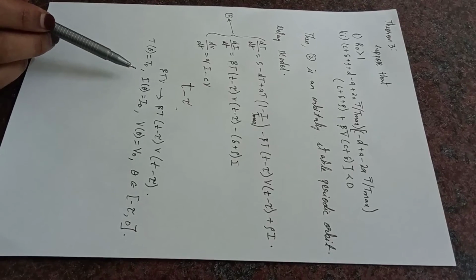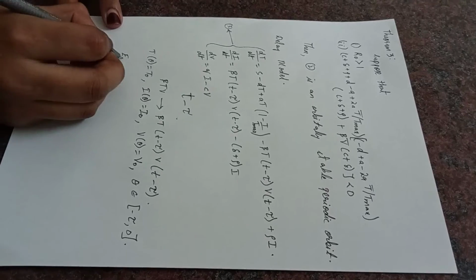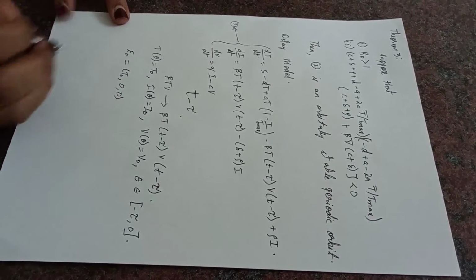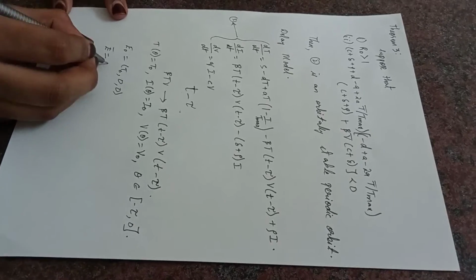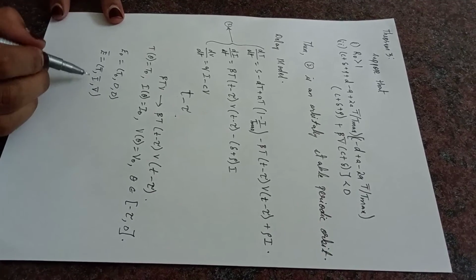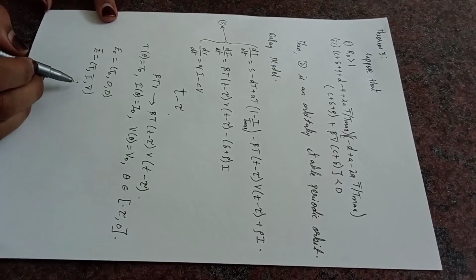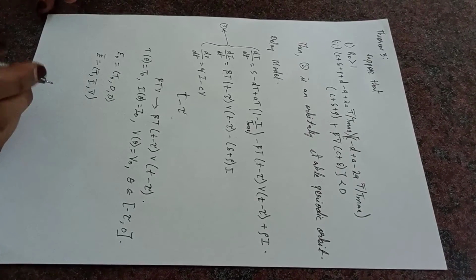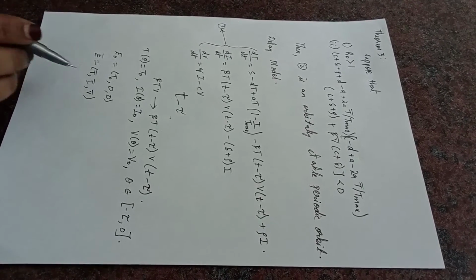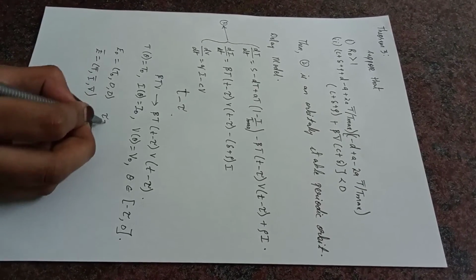We find again an uninfected steady state E naught equal to (T naught, 0, 0), and an infected steady state, that is E bar equal to (T bar, I bar, V bar), where T bar, I bar and V bar are the same as in section 2.3, equation 2.3.